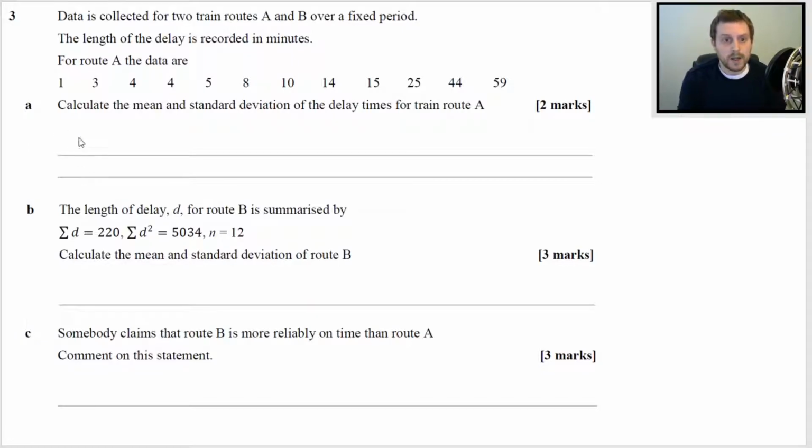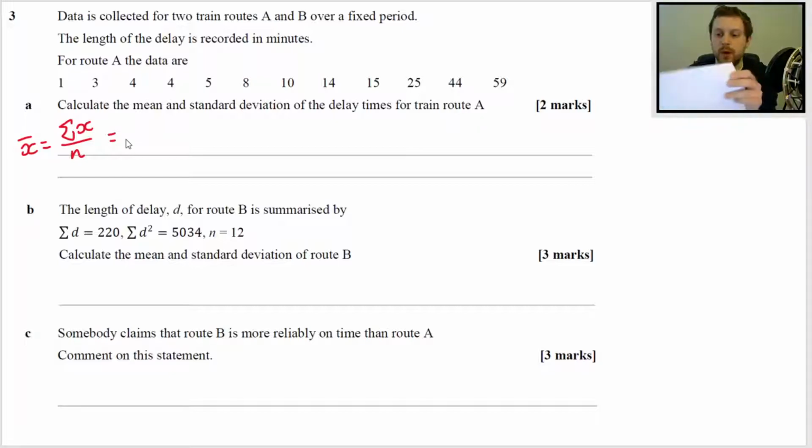The formula for the mean is you add up the x's and you divide by n, so this will be x bar. So if you add them all up, I'm not going to actually do the whole calculation, I'm just going to tell you what you get. You add them all up and divide by how many, you get 16. And for the standard deviation, it's a good idea to start with the variance, which is sigma squared.